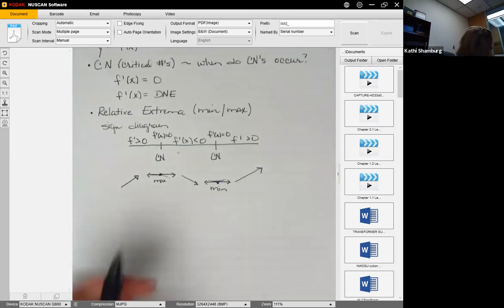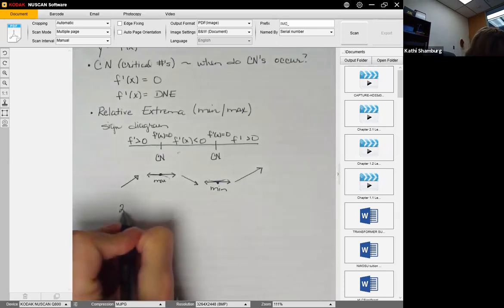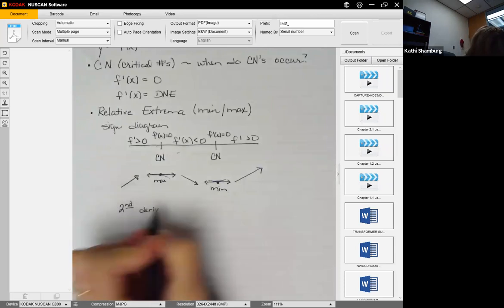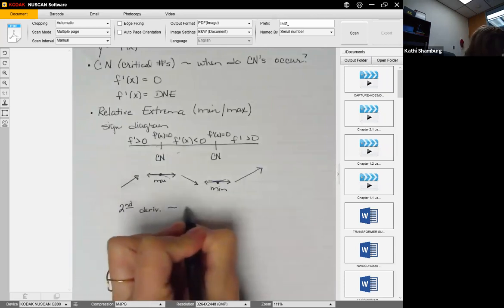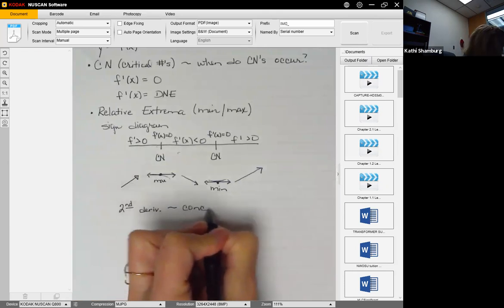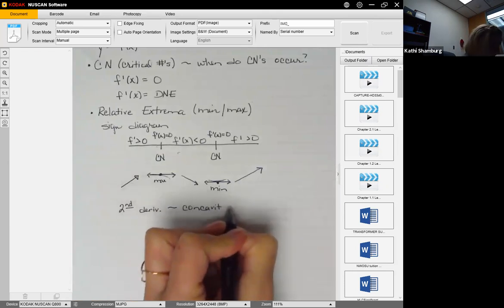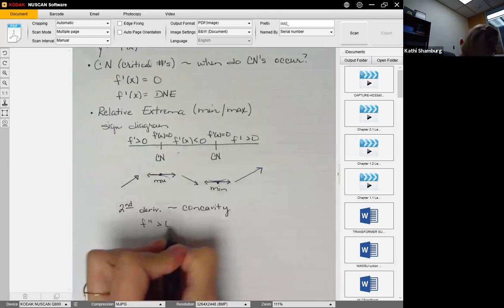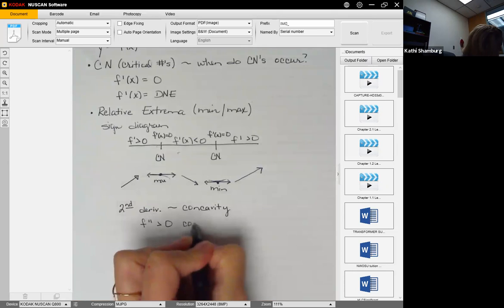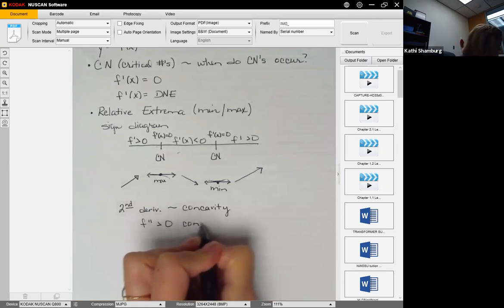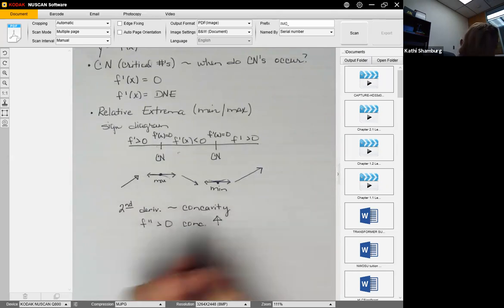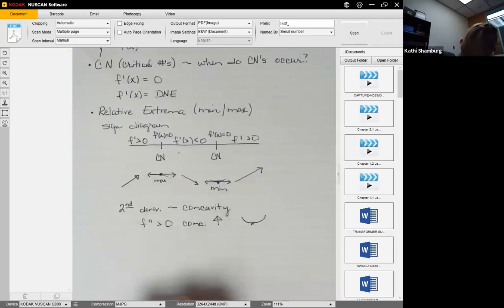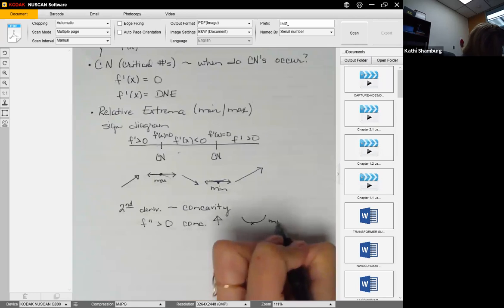And then after that, what we did was we looked at the second derivative. And what that gave us was our concavity. So if the second derivative was greater than 0, then you know it concaves up, which means then at this point you have a minimum.